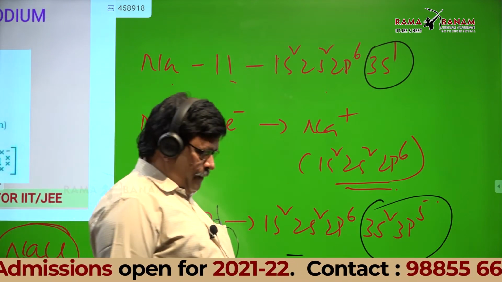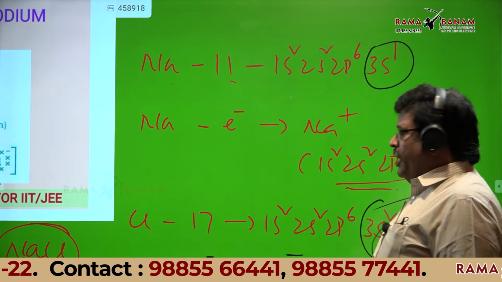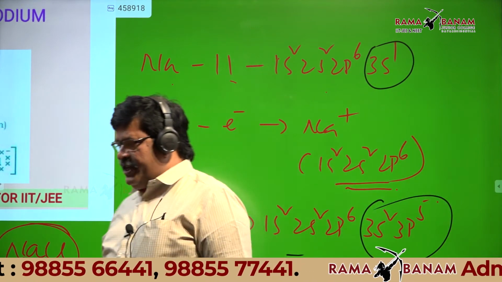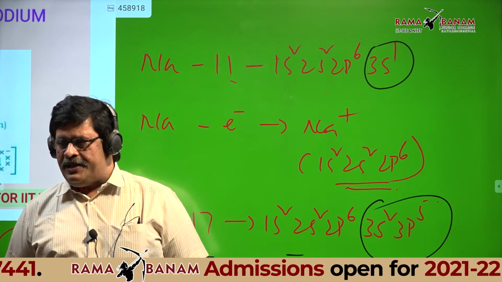Okay? Yes. Then write: sodium has 1 electron in its valency shell.